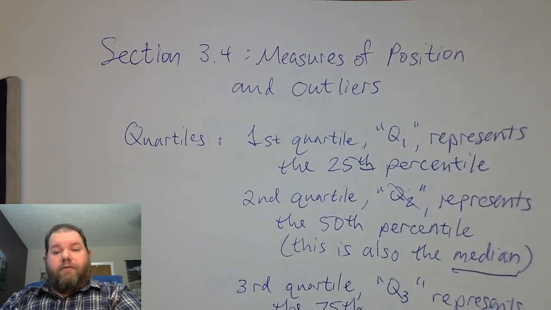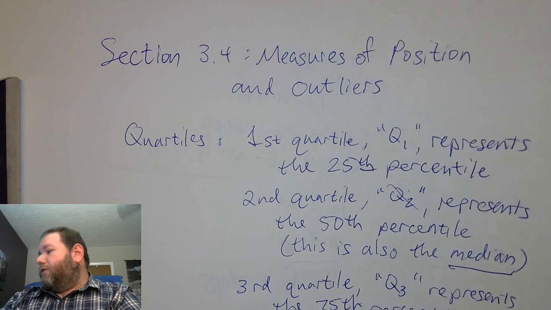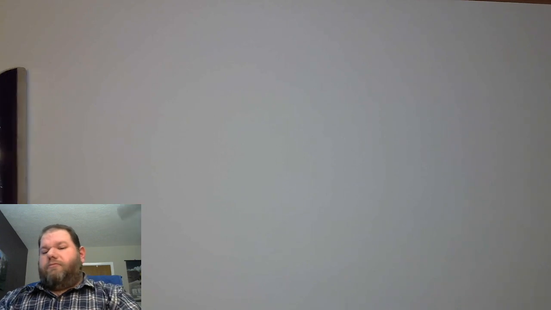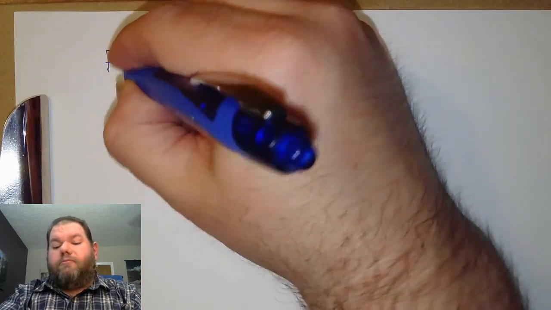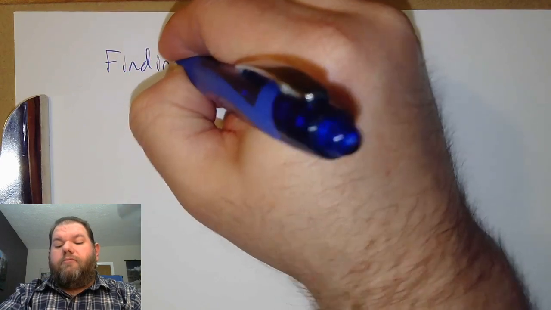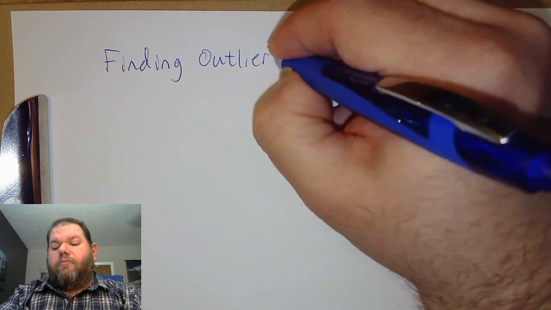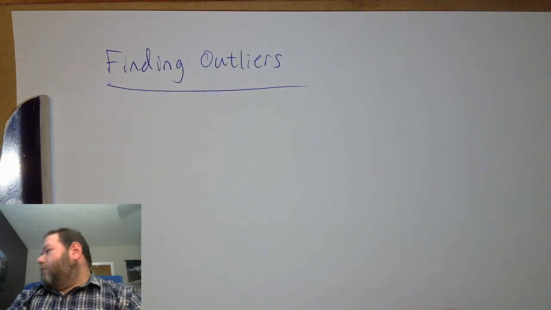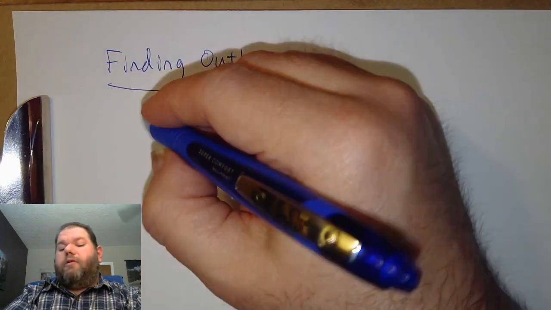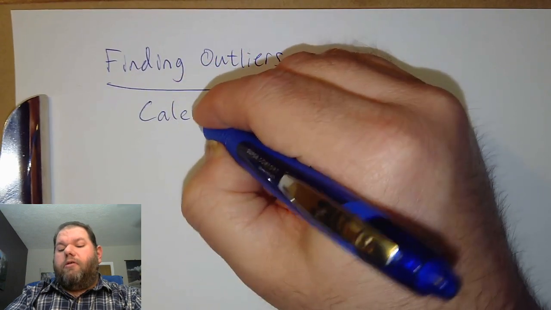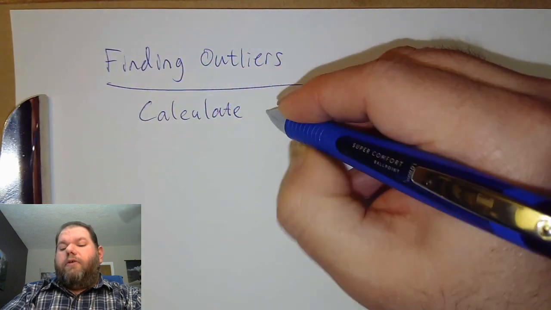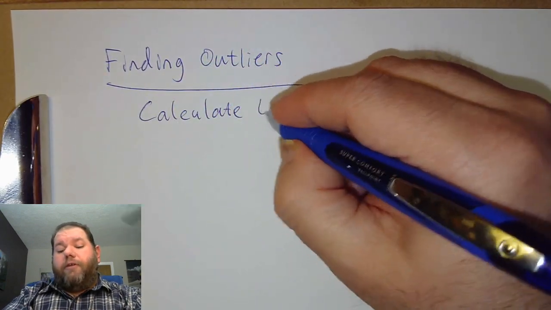It does involve the quartiles, instantly. So to find outliers, we calculate the following.